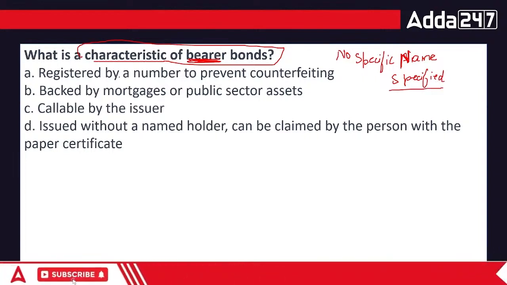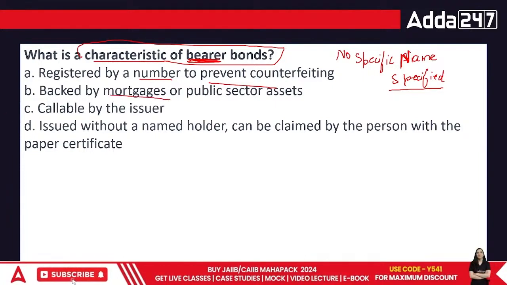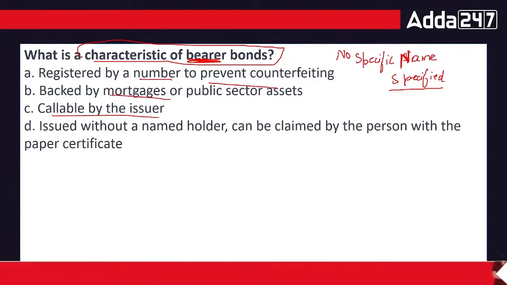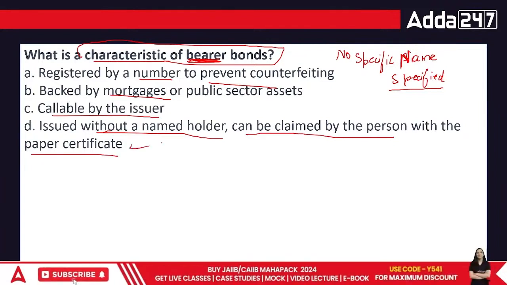Registered by a number to prevent counterfeiting. Counterfeiting is basically to create a copy. Backed up by mortgages, secured ones, callable by the issuer. They're bonds issued without the named holder and can be claimed by the person with the paper certificate. So the correct answer is bearer means which has no specific name.